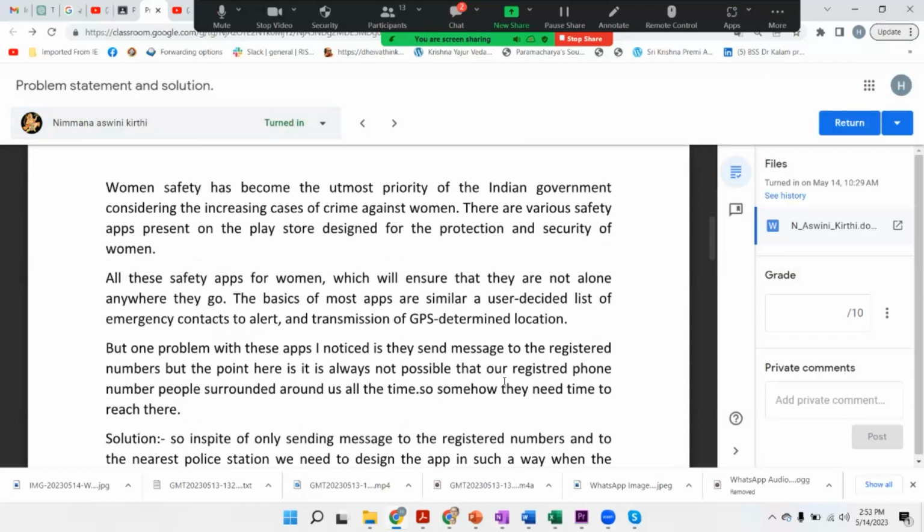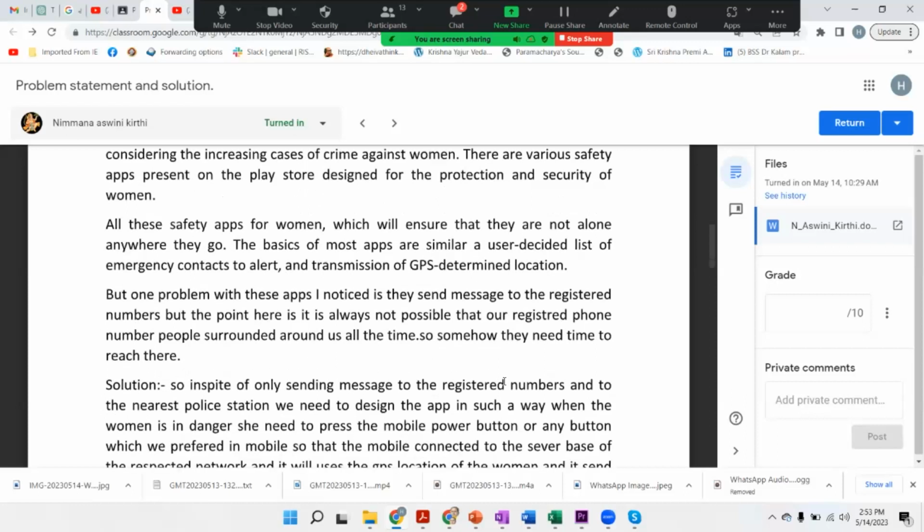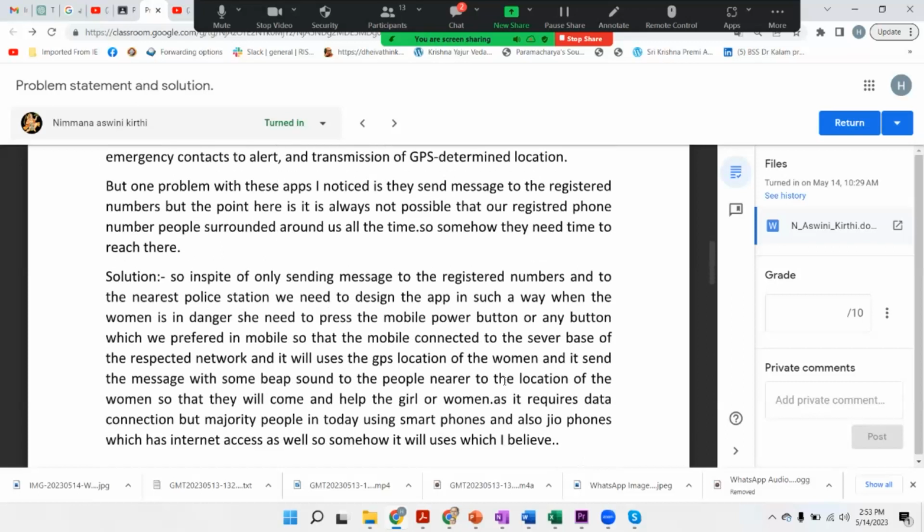Sir, women's safety has become the utmost priority of the Indian government, considering the increasing cases of crime against women. In today's world, women's safety is very important. There are many safety apps for women which ensure that they are not alone anywhere they go. The basics of most apps nowadays are similar. There is a user and a defined list of emergency contacts to alert, and transmission of GPS-determined location.